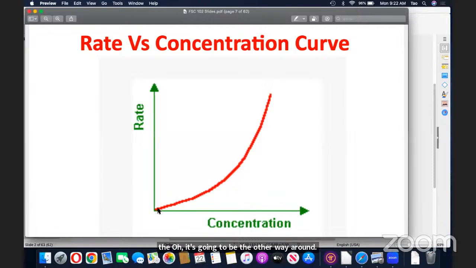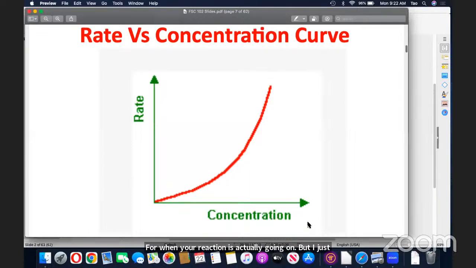Instead of moving from lower left to upper right, what you're going to have is from upper left to lower right for when a reaction is actually going on. But I just don't want a mix-up. That's why it's just all about telling you the relationship between concentration and rate.